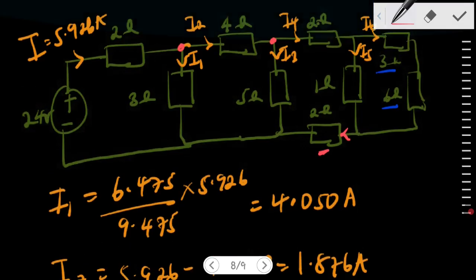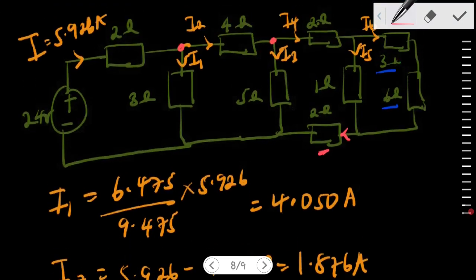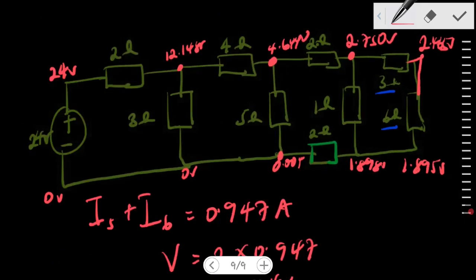You find that it gives almost the same potential as at this point right here. The potential is the same, so if I subtract, it gives me 0.000. If we approximate it, it's still 0.